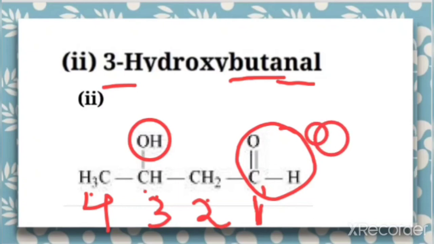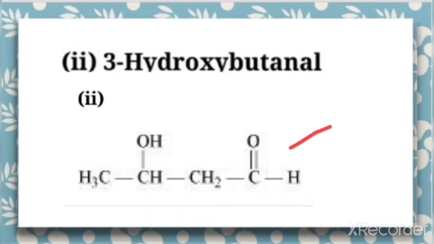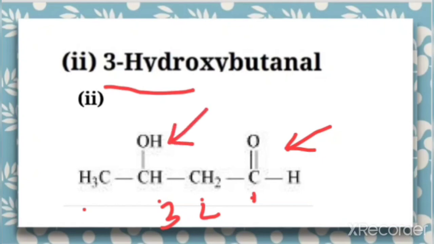After keeping the 4 carbon atoms, keep one of the carbon atoms as an aldehyde group, and count from here 1, 2, 3. So on the 3rd position hydroxy means you have to keep OH on the 3rd position, and for the rest, on the basis of tetravalency, you have to keep the correct number of H.